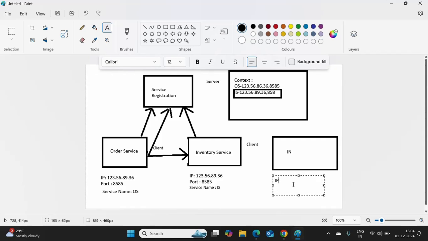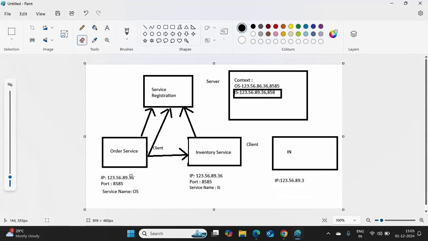It is going to be deployed on another system, 120.56.89.36. Previously it was 36, right? Sorry, I think you can make this 35, not 36.